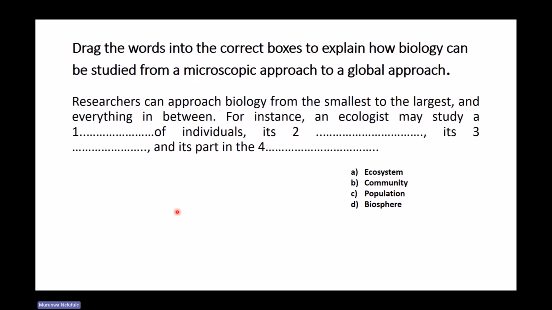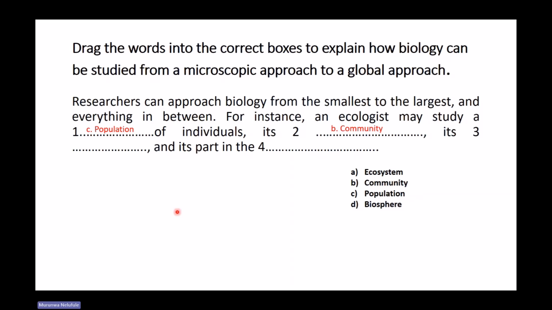So most of the people are saying number one is C, which is population, and number two is, what is the recurring answer, my assistant, on the chat box? Community. Community, correct. Yes, you guys are right.